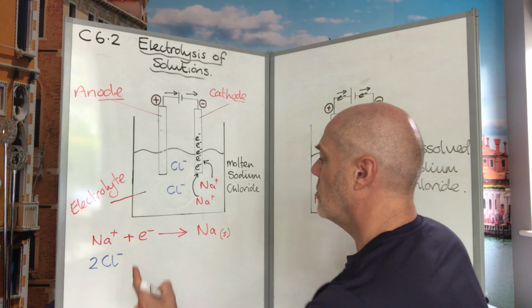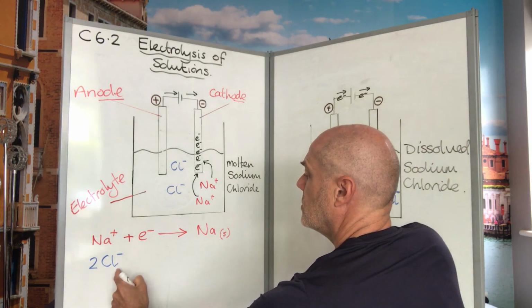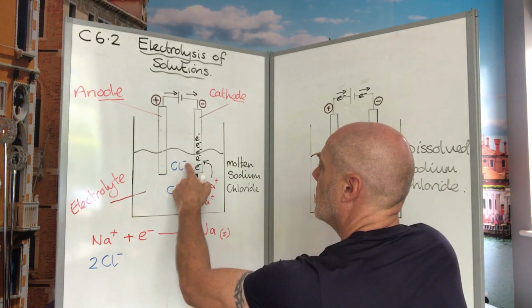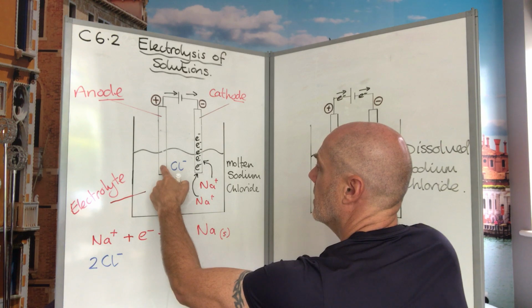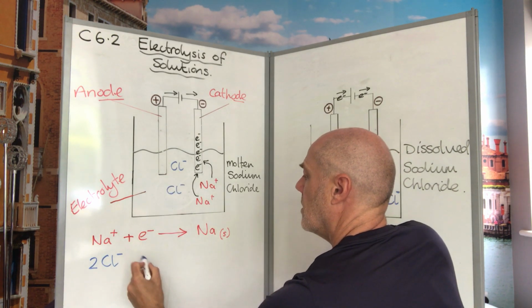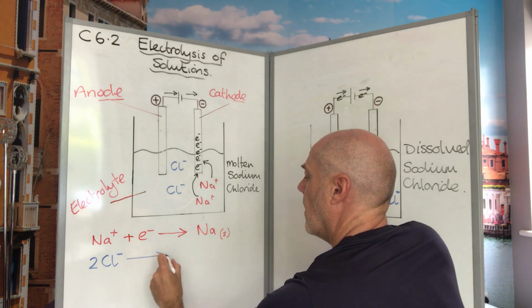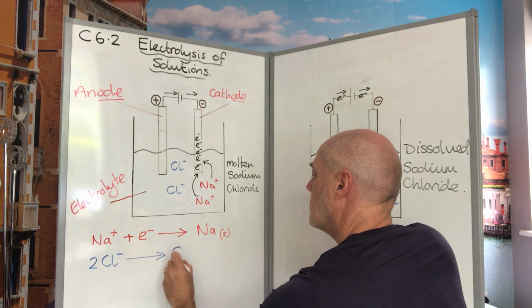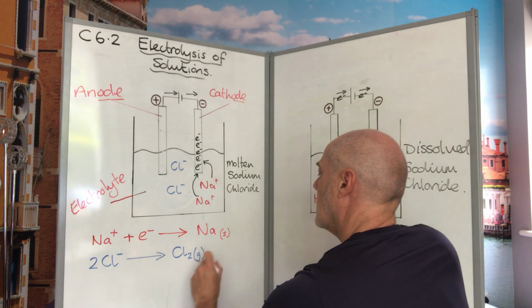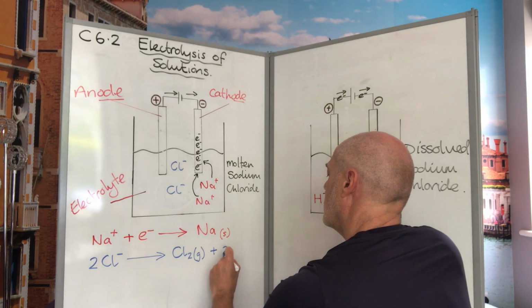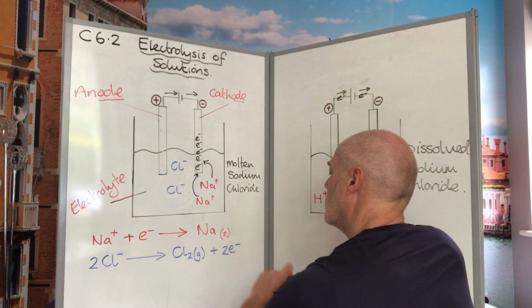On the other electrode, two chloride ions, they give away their extra electron. They have an extra one. They give it away here. So they put electrons on this side and they form chlorine gas, Cl2 gas, plus 2 electrons.